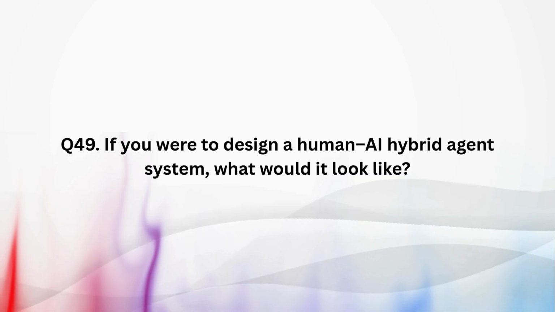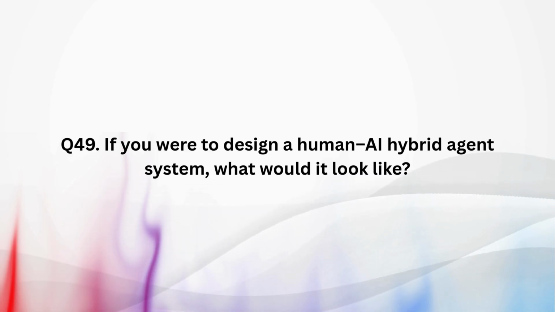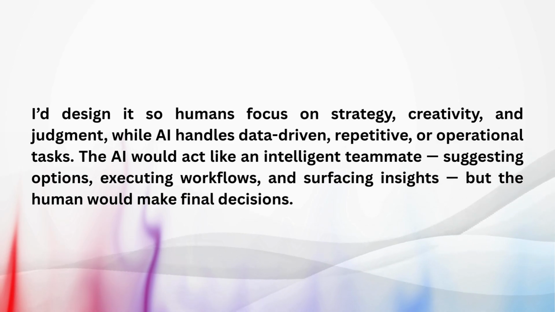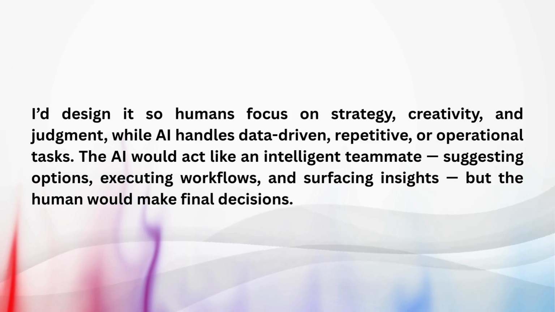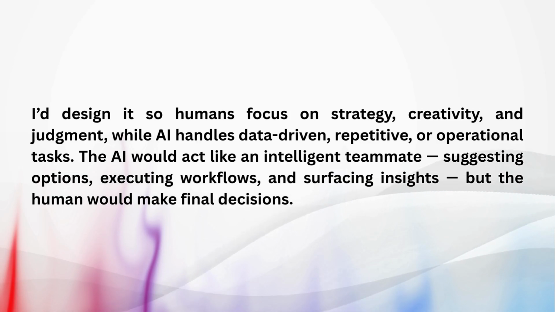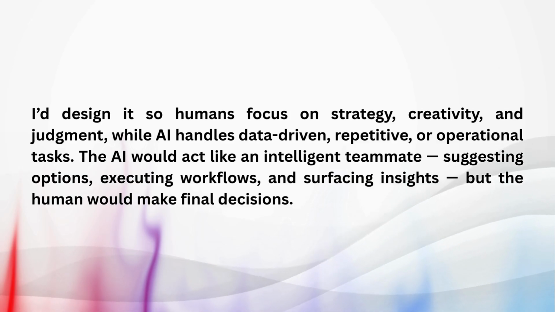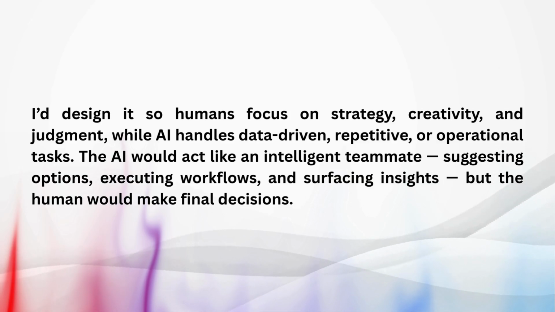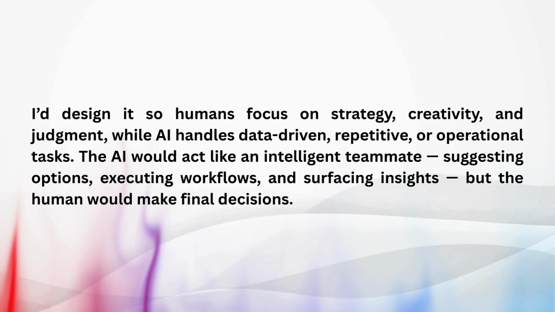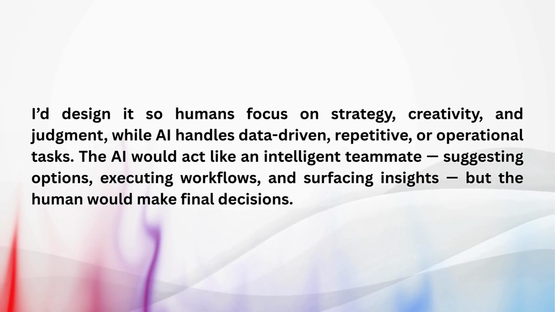If you were to design a human-AI hybrid agent system, what would it look like? I'd design it so humans focus on strategy, creativity, and judgment, while AI handles data-driven, repetitive, or operational tasks. The AI would act like an intelligent teammate, suggesting options, executing workflows, and surfacing insights. But the human would make final decisions.